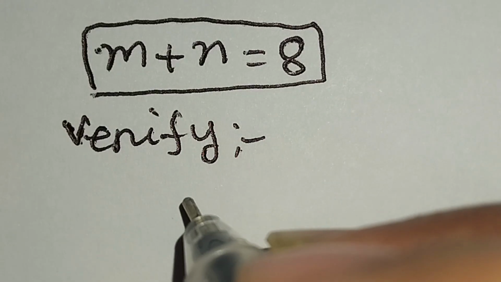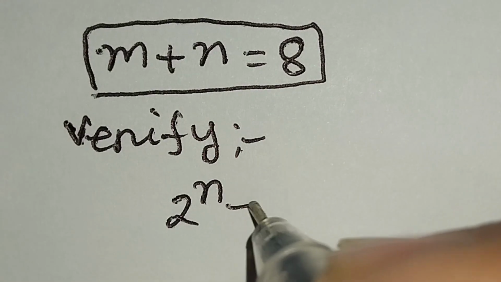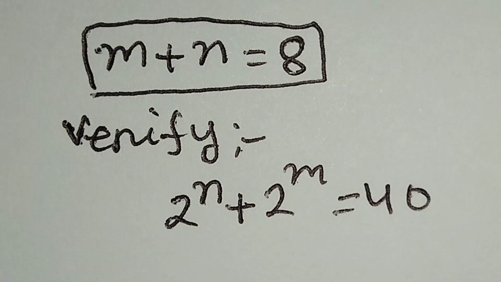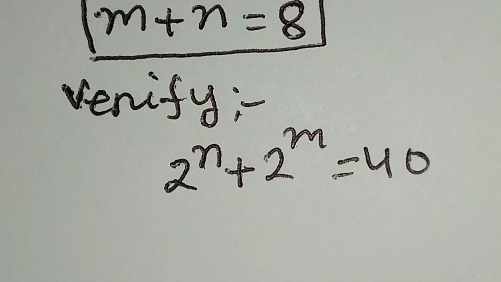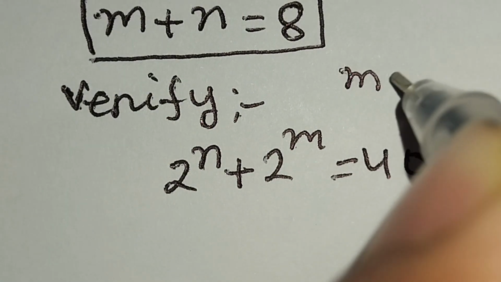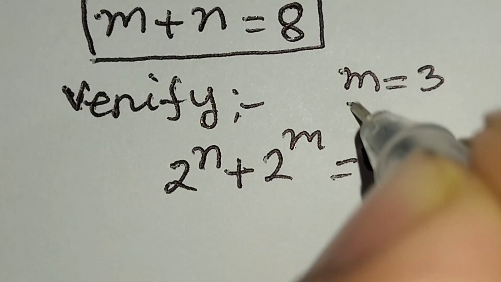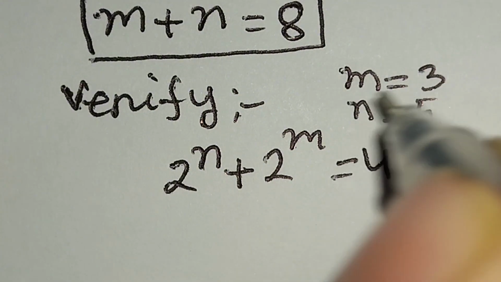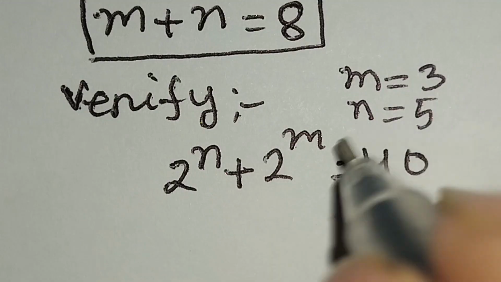Our main equation is 2 to the power n plus 2 to the power m equals 40. Here the value of m equals 3 and n equals 5. Now we will substitute these two values in this equation.